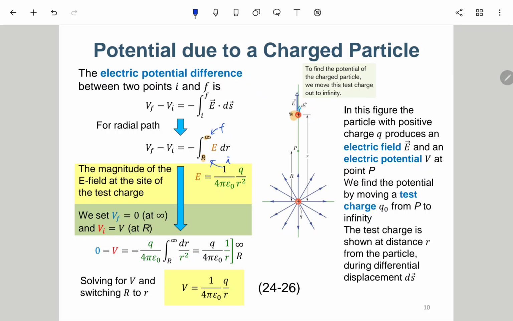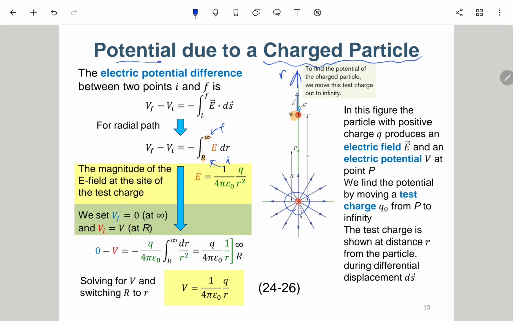According to this, we try to calculate the potential due to a charged particle, which is this one. The r axis is starting from this point all the way upward.